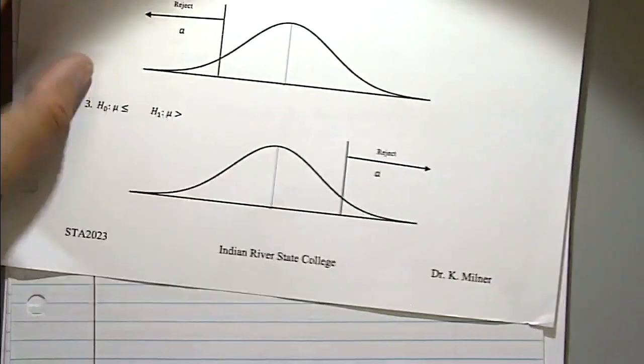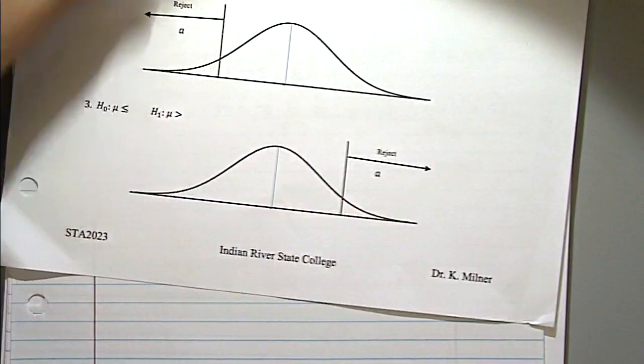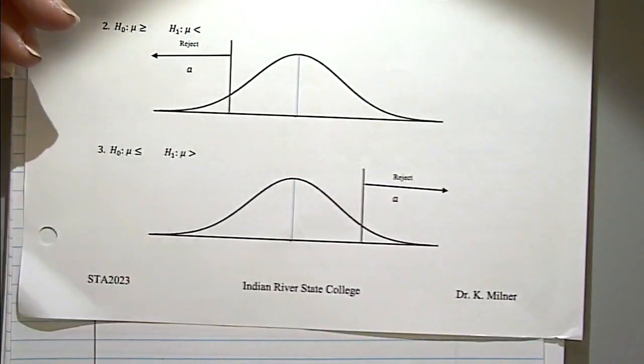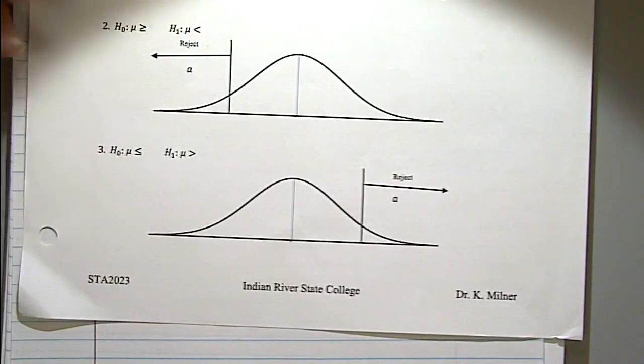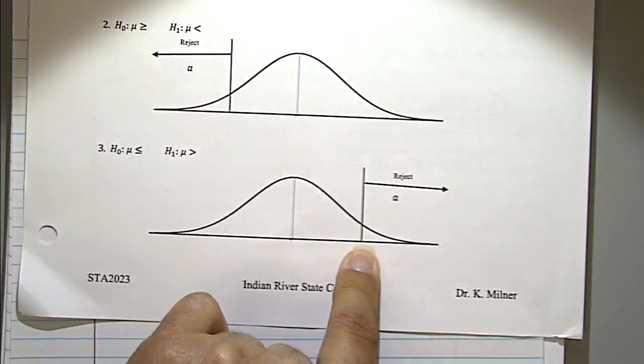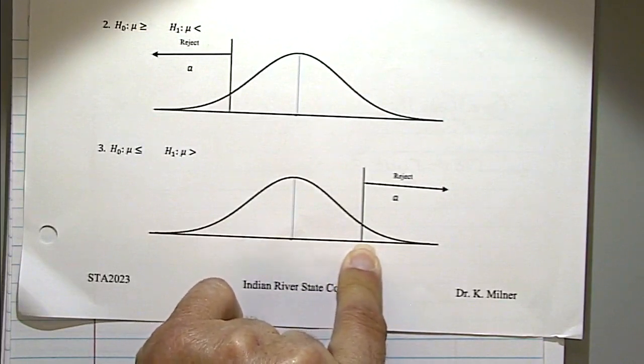Now, whether it's a left or right, we're still dealing with the areas in the tails, right? So we're still going to follow what I told you. You're still going to be looking up these areas on the left side of the z-table. You still don't need the positive side, but you do have to know that if you have a right-tailed test, that z cutoff score, that critical value for z, is positive, not negative.